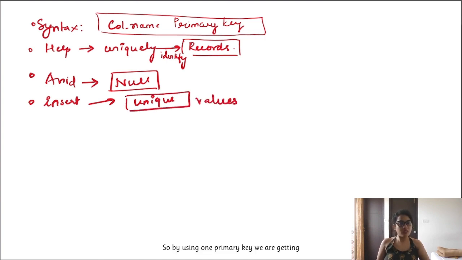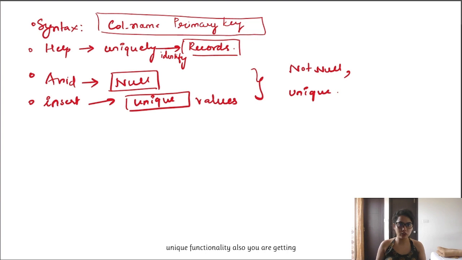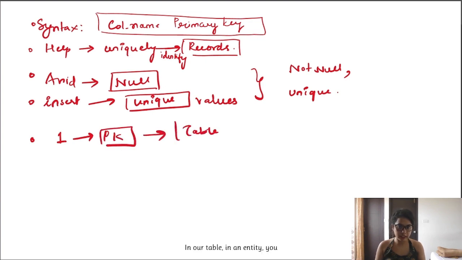So by using one primary key, we are getting two functionalities, one is not null functionality, and one is unique functionality, right? And one more thing to keep in mind, we can have only one primary key in our table.